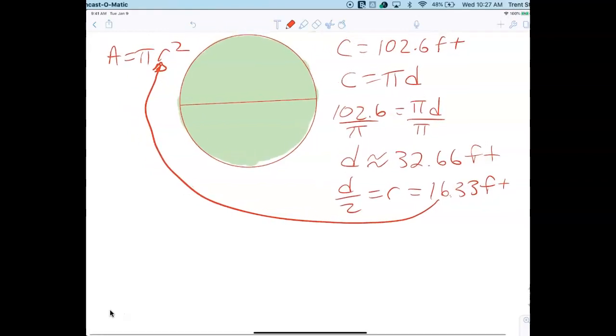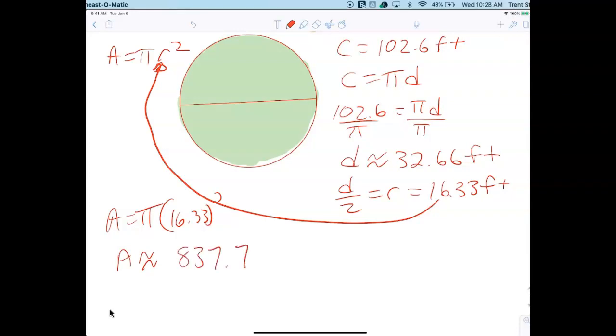So now, A equals pi times 16.33 squared. So your area is approximately some number of feet what? Feet squared.